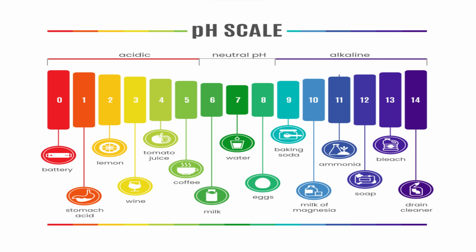For example, a base of 12 is stronger than a base of 9 because it's further from 7. So the soap is a stronger base than the baking soda. If a substance has a pH of 7, like pure water, it means it is neither acidic nor basic, but rather it is neutral.